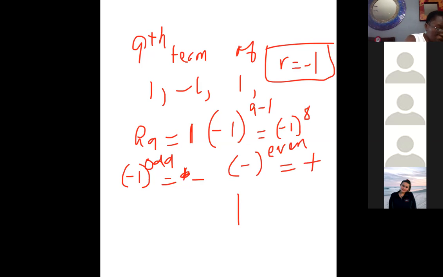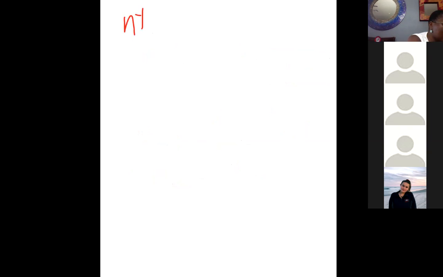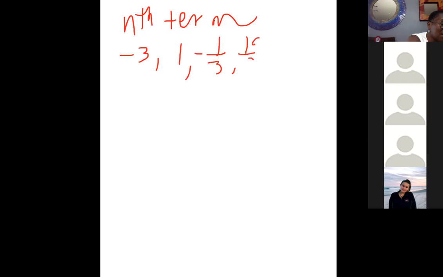let's see. We need to create a formula for this one, guys. It says to find the nth term. Find the nth term given -3, 1, -1/3, 1/9, and so forth and so on. So A1 is -3.